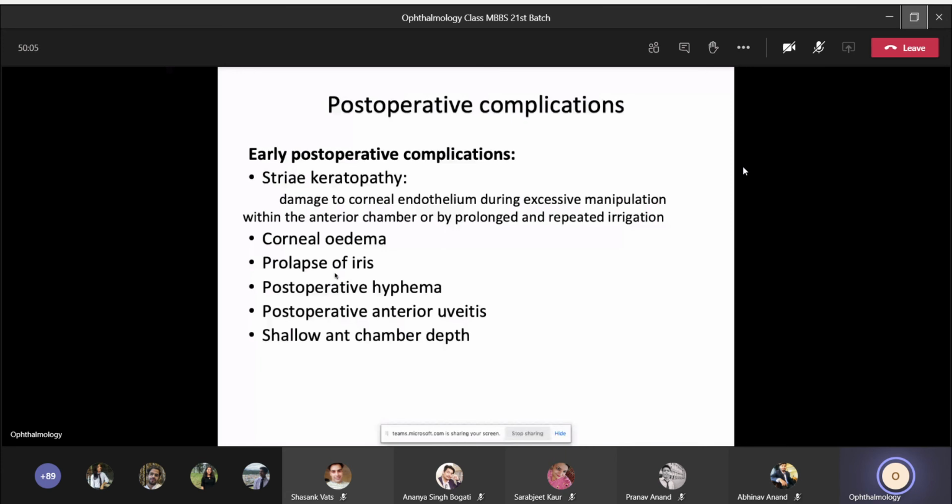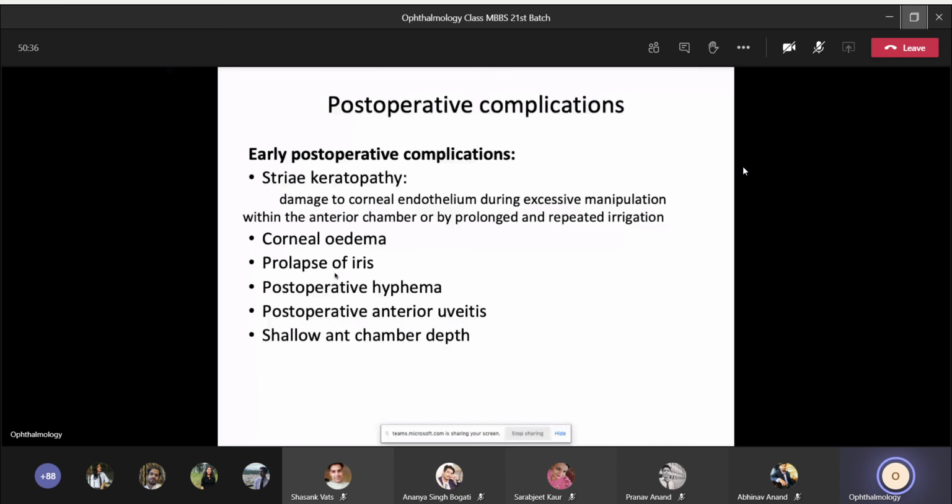Sometimes with excessive manipulation, or if the patient has some kind of collagen vascular disease or other disease, the patient may experience a severe reaction or severe uveitis post-operatively. Sometimes if the wound is not well made and there is gaping in the wound and the aqueous is leaking, this may lead to a shallow anterior chamber.